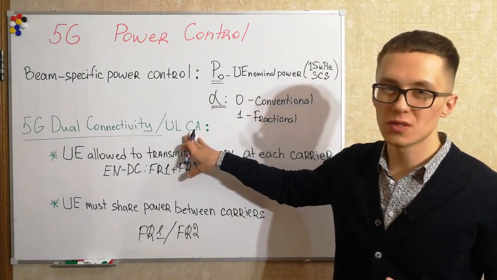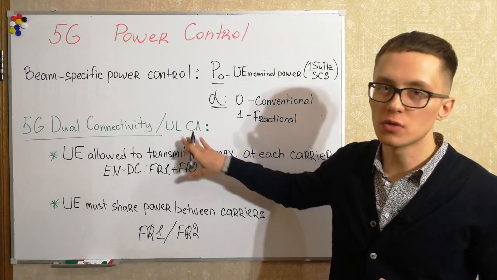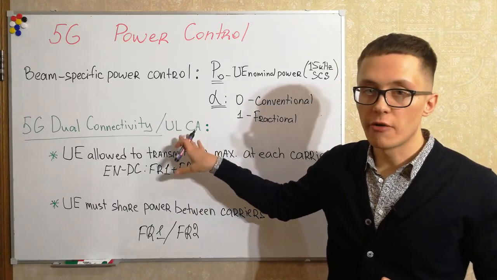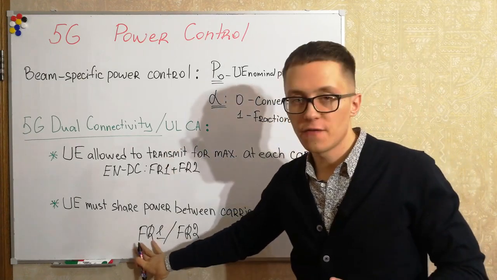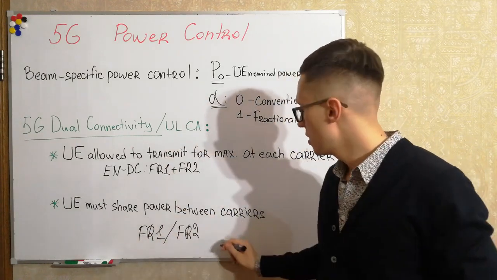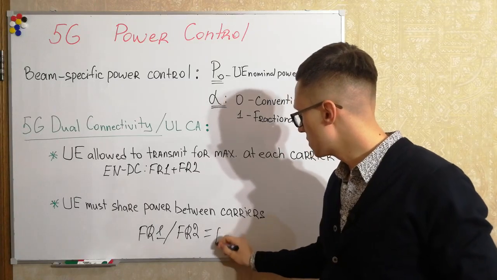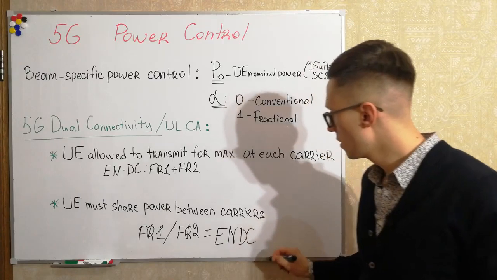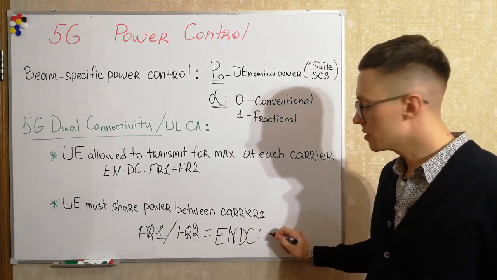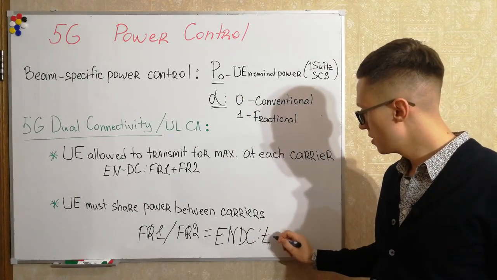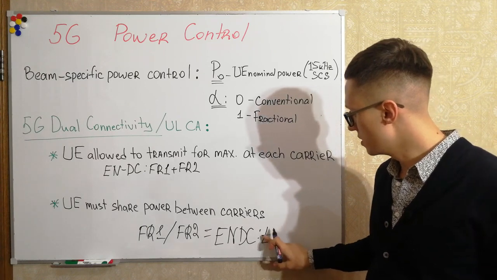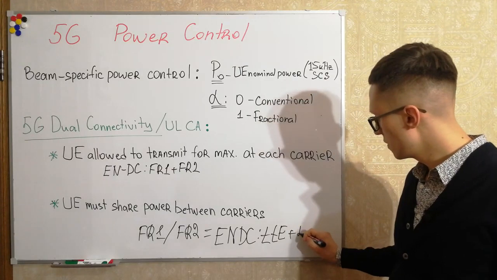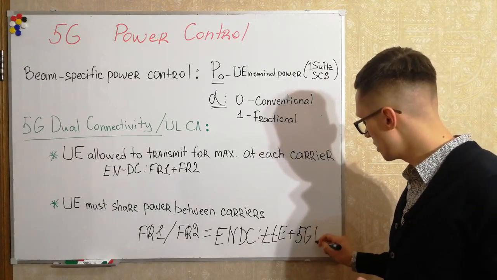For example, we use uplink carrier aggregation only for FR2 or only for FR1. Or this may be the case of ENDC, where LTE plus 5G FR1.